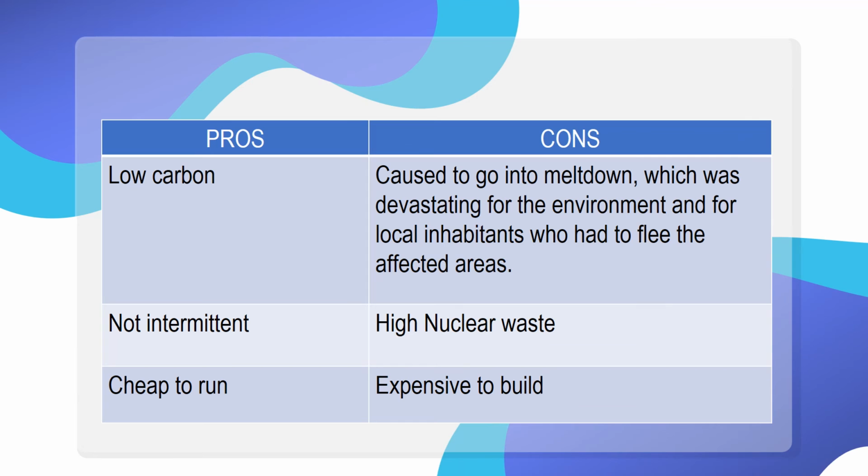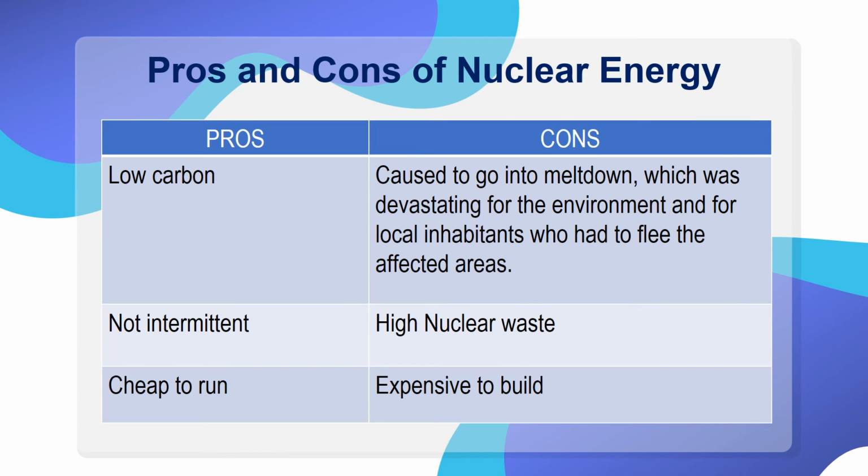Alright, next we are going to discuss the pros and cons of nuclear energy. Unlike traditional fossil fuels like coal, nuclear power does not produce greenhouse gas emissions like methane and carbon dioxide.